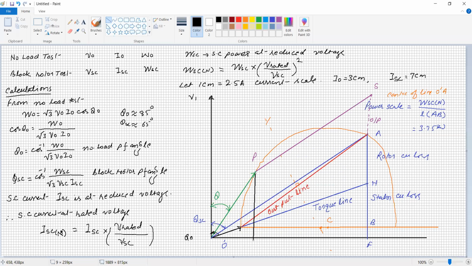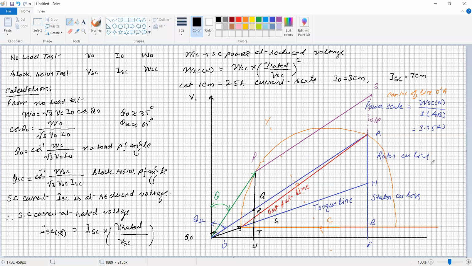Okay, now we will give the names: this is P, this point is Q, this point is R, S, T, U. Okay, so P to R, which is equal to S to A, that is the output. So this much from P to R is the output power in centimeters.